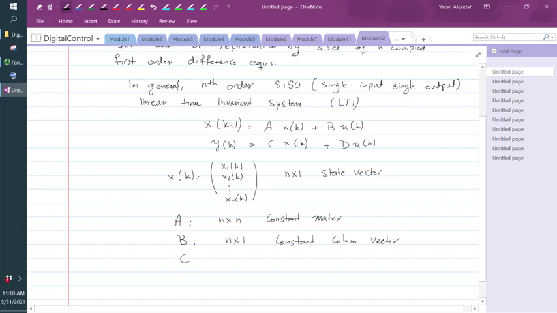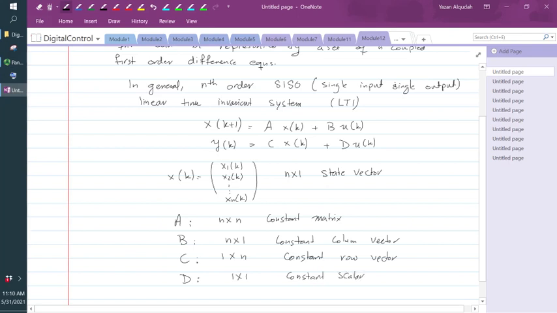And then we have the C. This is a 1 by n constant row vector. And then we might have in some systems D, which is going to be 1 by 1, and this is just going to be a constant scalar.